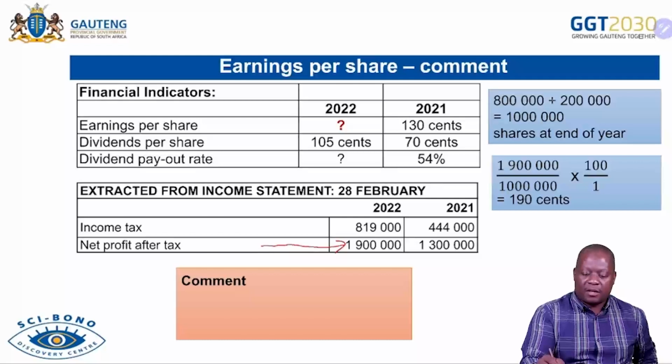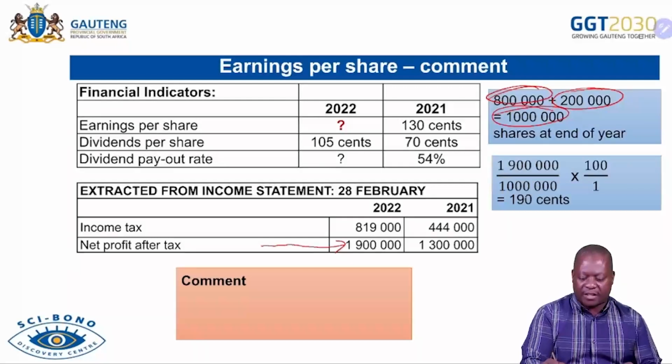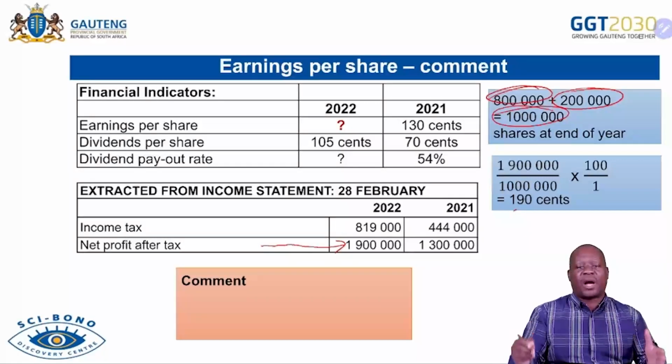Remember, 200,000 was added onto what we had from the start of the year, and we got our 1 million ordinary shares that have been issued now. So when we divide this, it's going to give us 190 cents. Remember, this is in cents, and we are multiplying by 100 because we want our answer to be in cents.